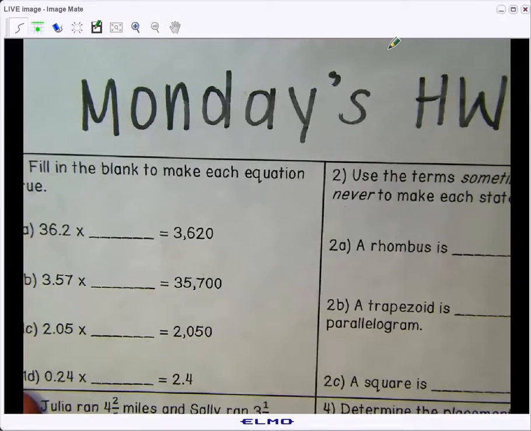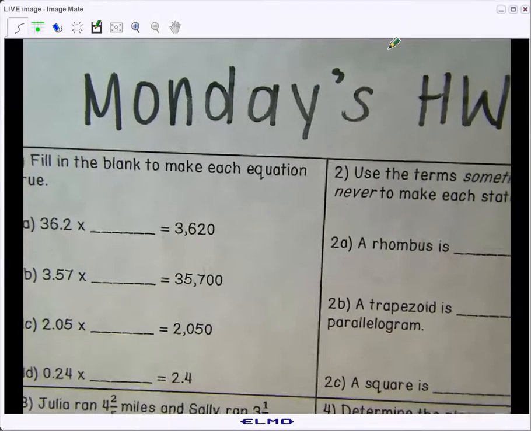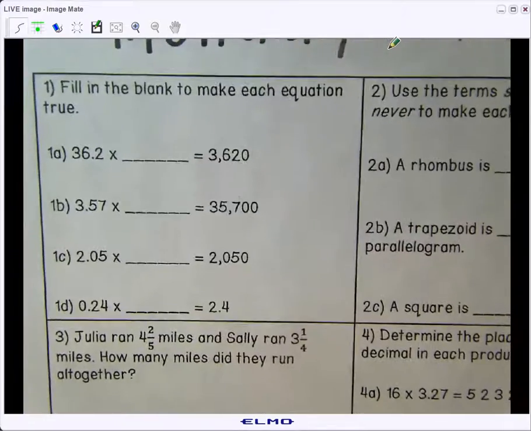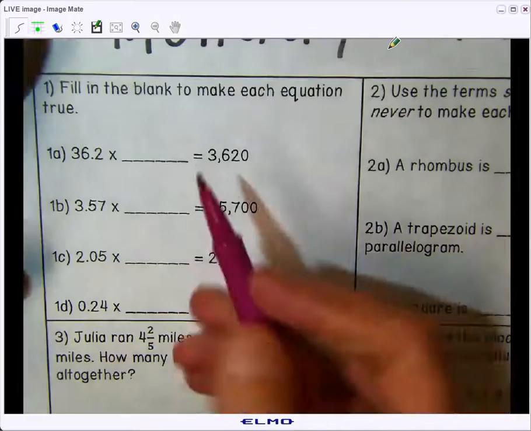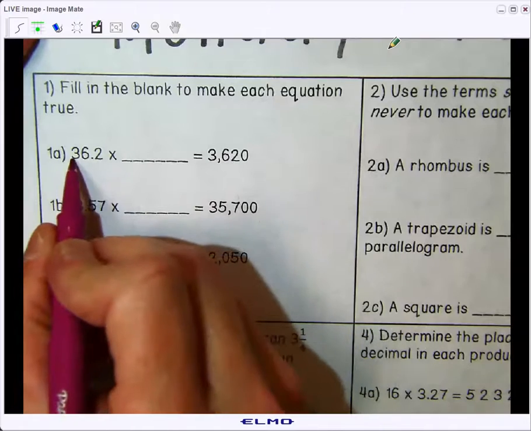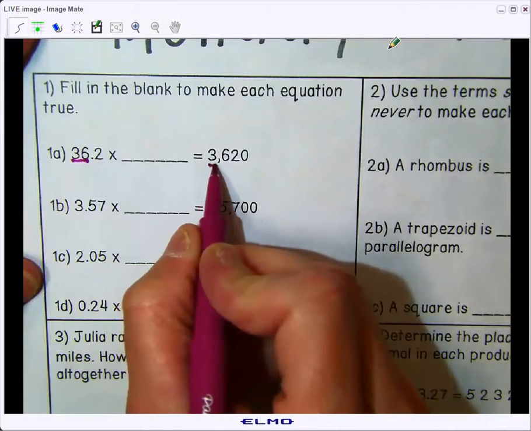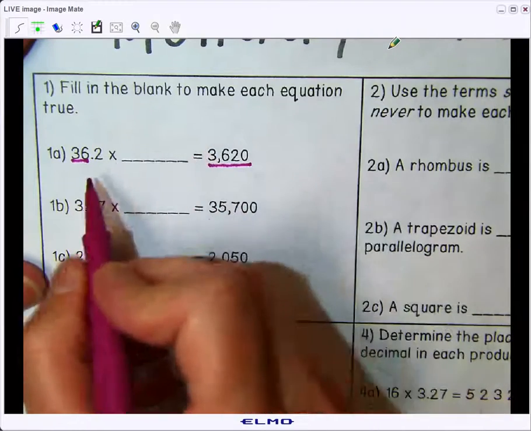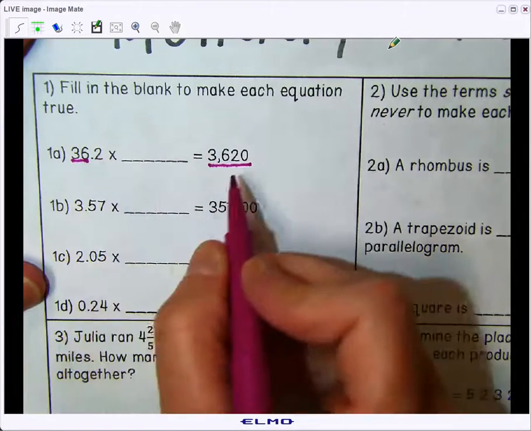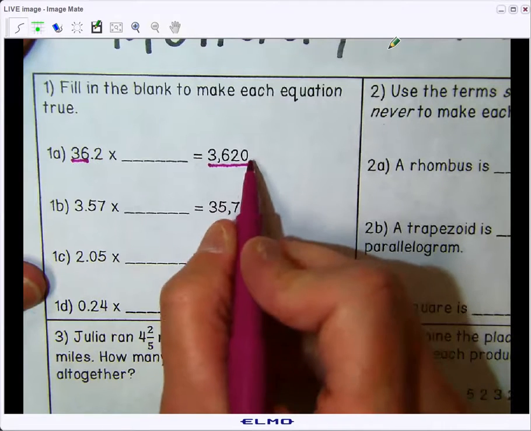We are reviewing Monday's math homework. Fill in the blank to make each question true. So we know that if we are going from 36.2 to 3,620, we are increasing the value. So we are going to have the decimal point here.